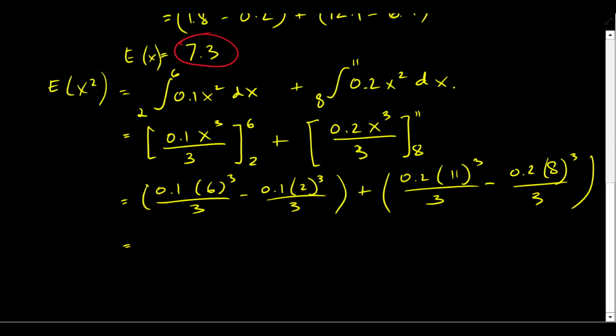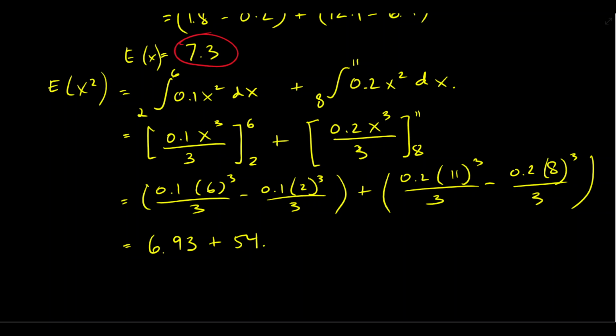Again, using our calculator, you should get, in this case, 6.93 for the first term, plus the second term will be 54.6. So overall the expected value for x square is 61.53.